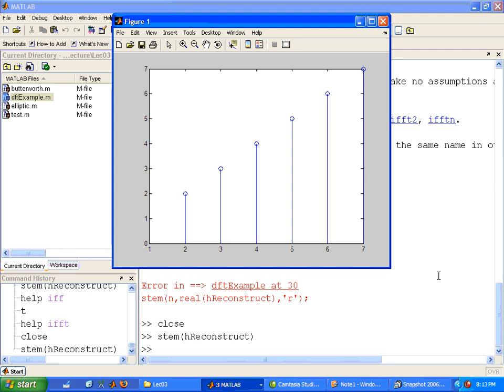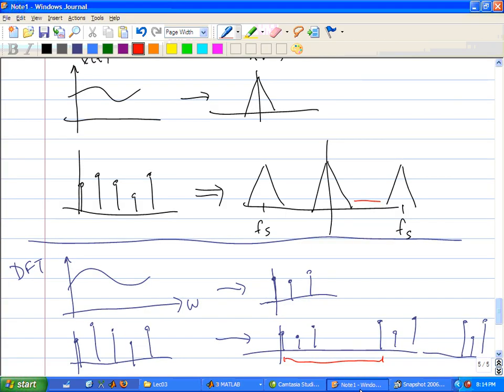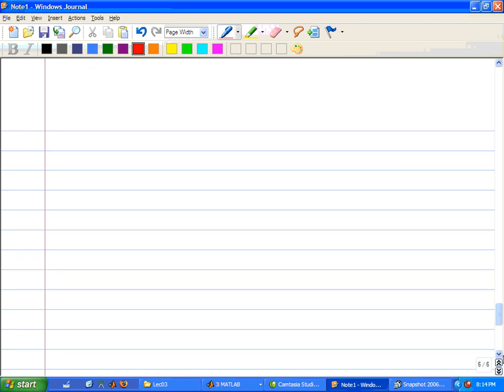Okay, a subtle difference in the way the IFFT is computed. I think, not that you care, but since you asked the question, I'll answer it. When the IFFT does its computation, I think it's expecting its points to go from minus pi to pi. But in this sample, our frequencies were going from 0 to 2 pi.